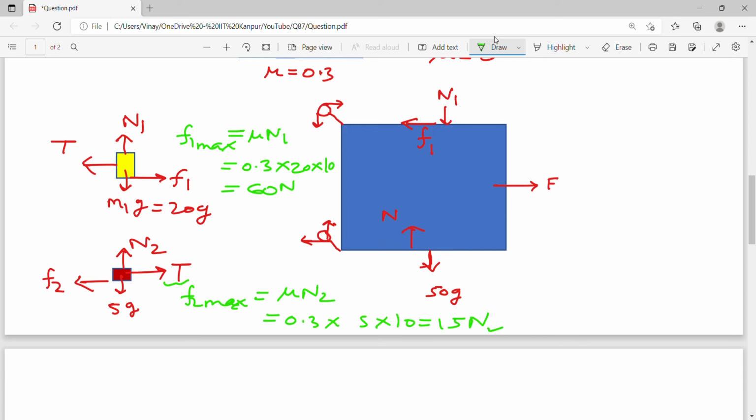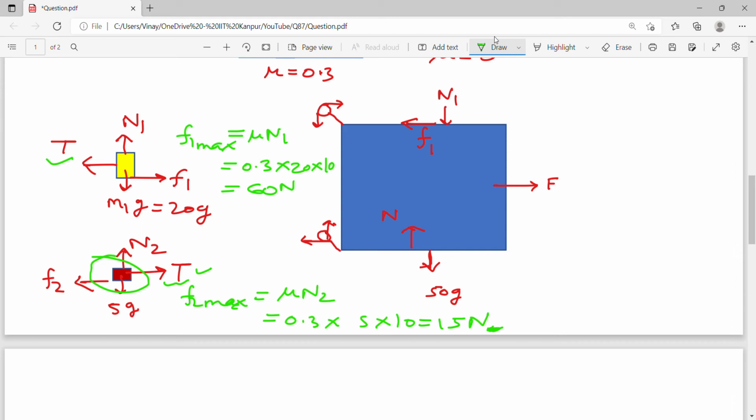Through tension, and due to the presence of friction, of course. So T is the same here also in the horizontal direction. So this mass will attain that maximum friction force earlier, right? This is not N2, this is N Newton, right? So, okay.